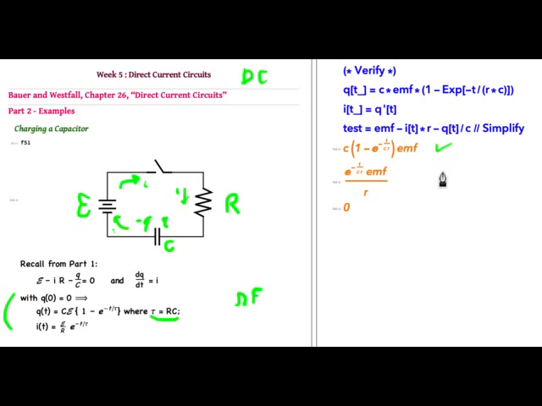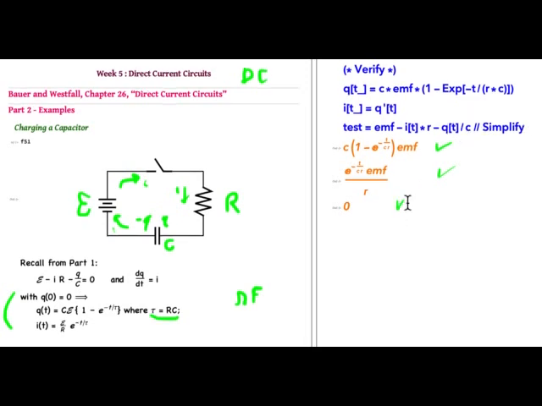So that's Q, this is I. You see what it is, it's V over R, e to the minus t over tau. And we can test whether that satisfies the differential equation. We can calculate EMF minus IR minus Q over C and simplify the result, it's 0, verifying that these are the correct solutions. Well, that's the simplest example of charging a capacitor. It's a problem with exponential time dependence.